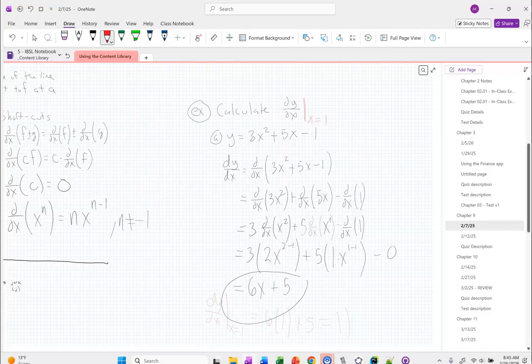Okay? Two different types of problems. One is I take the derivative of a function, I get a function back. The other is if I want the derivative at a point, I get a number back. Right? Now the process is identical, except for the final step where we plug the number in. Right? But it's the same process.